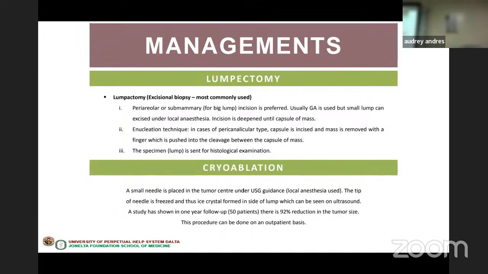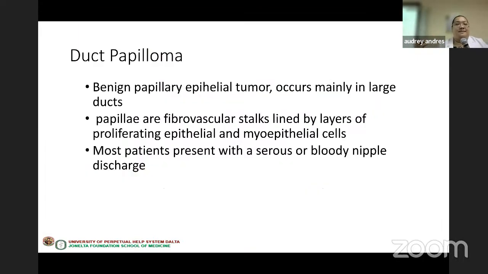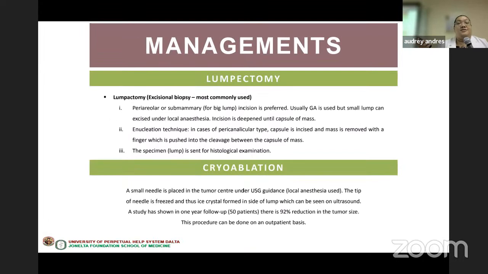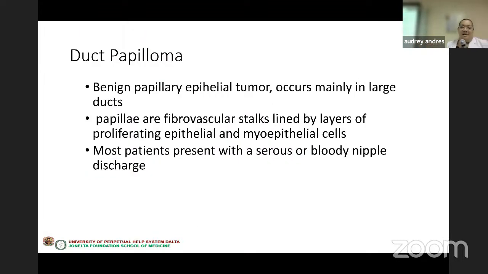Lumpectomy, you remove the lump, and that's the most common method that you will learn in surgery. Cryo: a small needle is placed at the tumor center, and then the tip of the needle is used to do freezing. Another benign tumor is the papilloma.